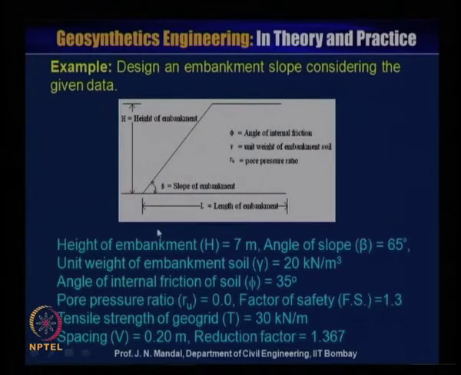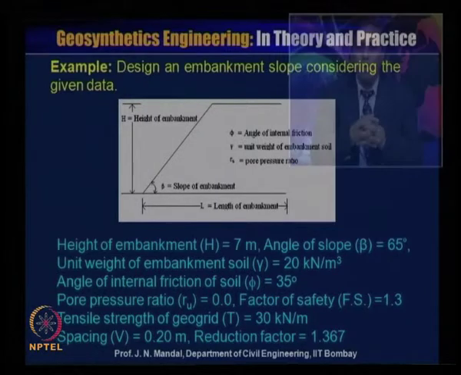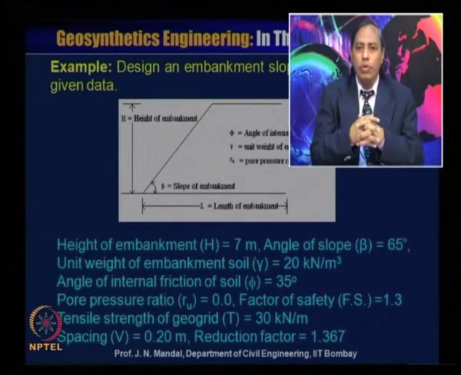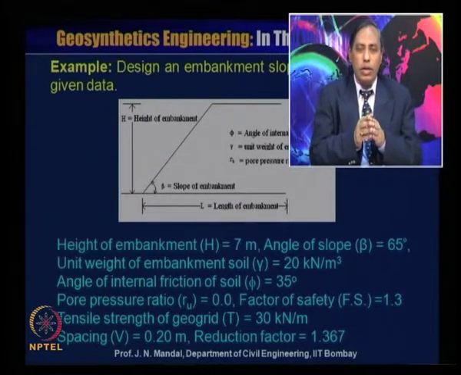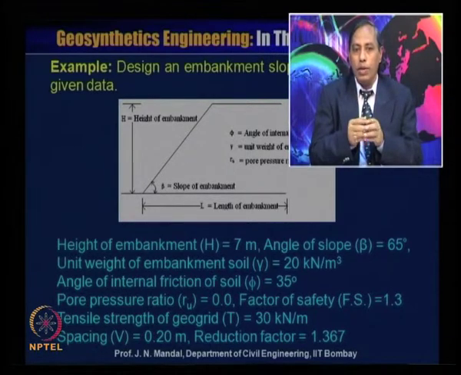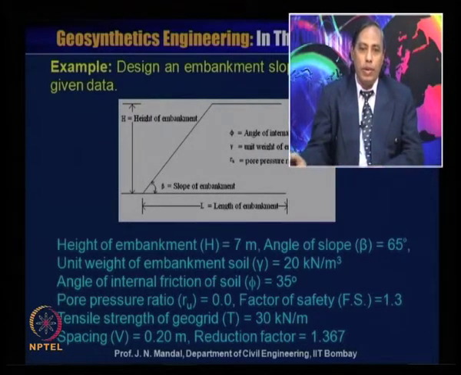So in this problem it is given that the height of the embankment H is equal to 7 meter, angle of slope beta is 65 degree, unit weight of embankment soil gamma E is equal to 20 kilonewton per meter cube, angle of internal friction of the soil phi is 35 degree, and we are considering here pore pressure ratio Ru equal to 0, and factor of safety Fs is equal to 1.3, tensile strength of the geogrid T is 30 kilonewton per meter, spacing between the two geogrid layers is 0.20 meter, and reduction factor is equal to 1.367.